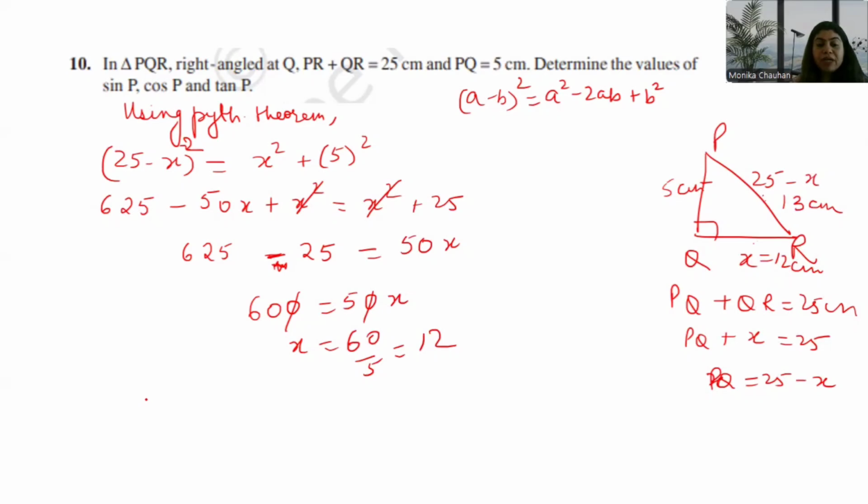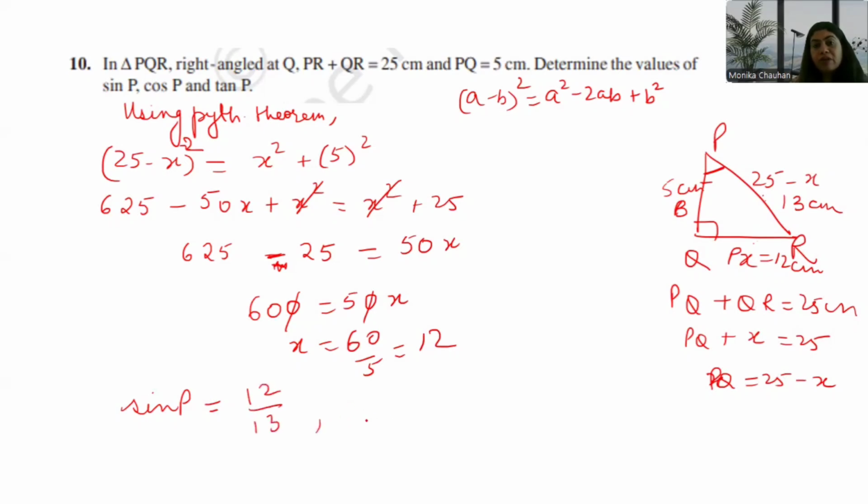Now you have to find out what is sine P. Now, okay, sine P means you have to look for this angle. Now for this, my perpendicular is this and my base is this, okay? Perpendicular upon hypotenuse. So this becomes 12 upon 13.